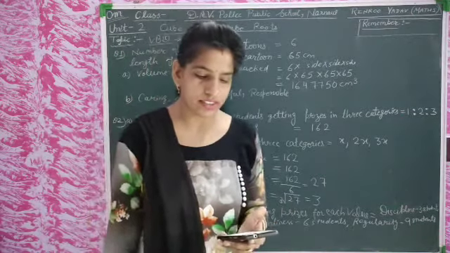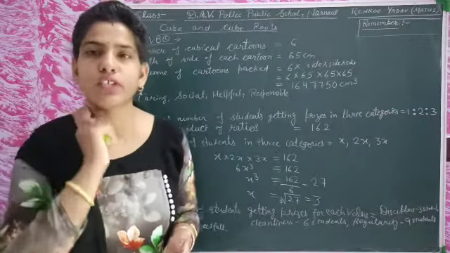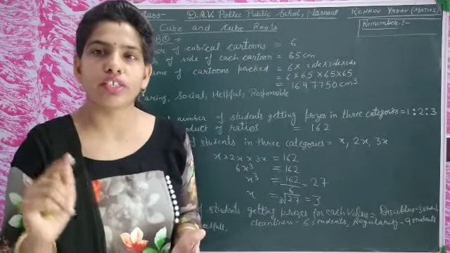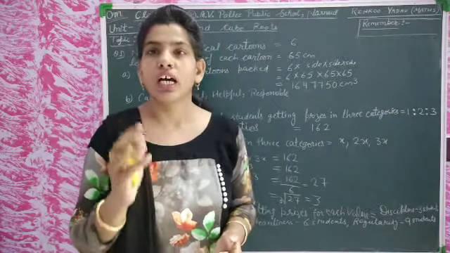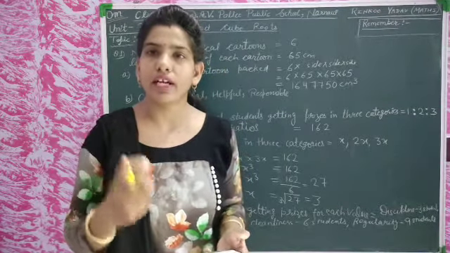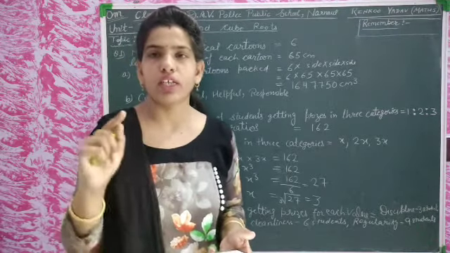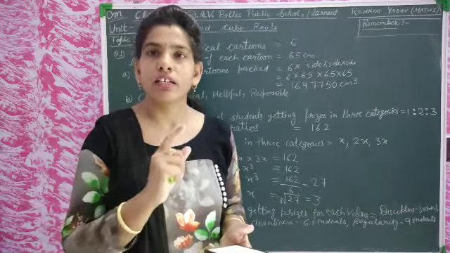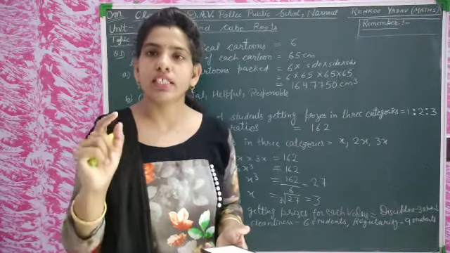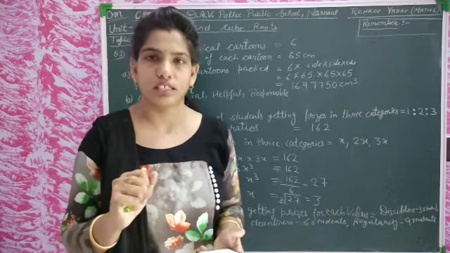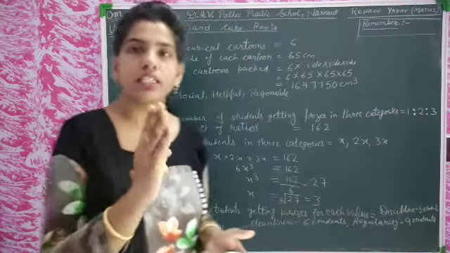Next, it is given that the number of students getting prizes in the 3 different categories are in the ratio 1:2:3. In discipline there is 1, in cleanliness there are 2 students, and in regularity in attendance there are 3 students in the ratio.